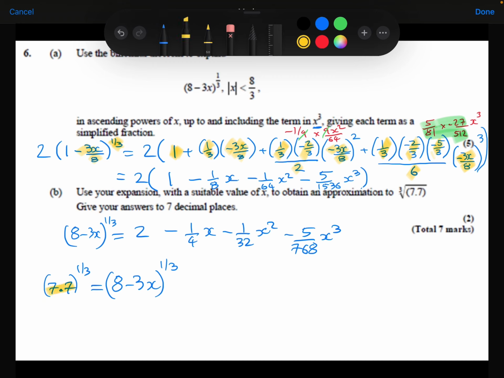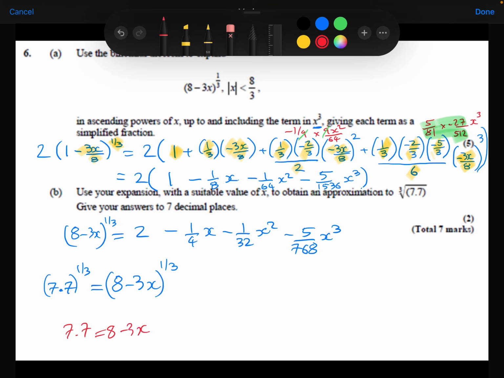The 7.7 would have to equal the 8 minus 3x. So you might be able to say straight away what the x needs to equal. If you can't, let's just set up a little equation. Let's say that 7.7 equals 8 minus 3x.